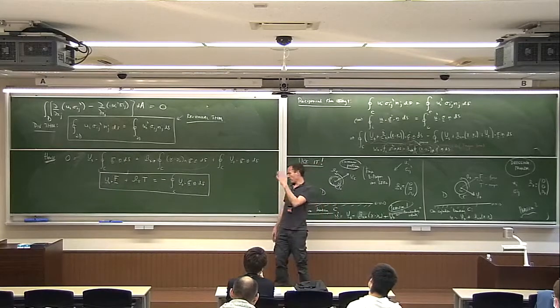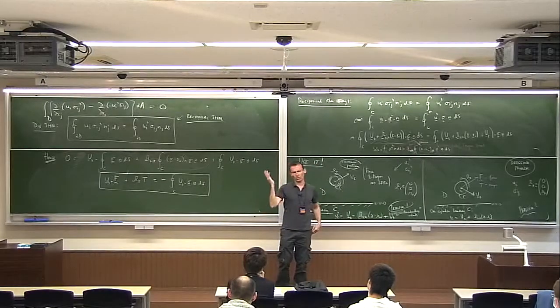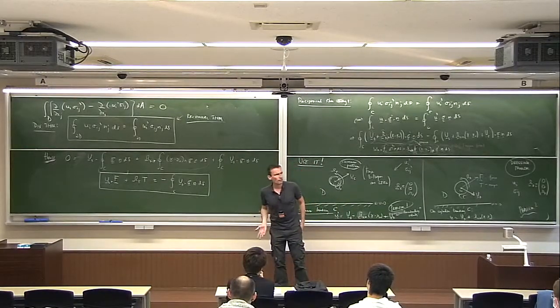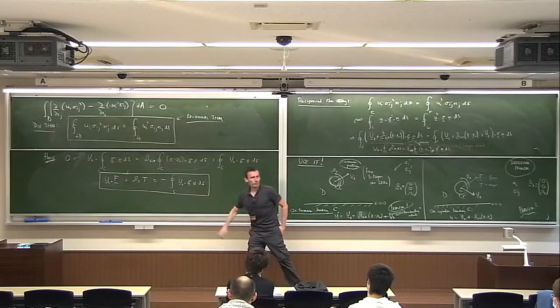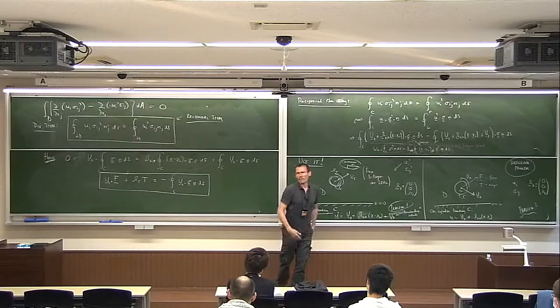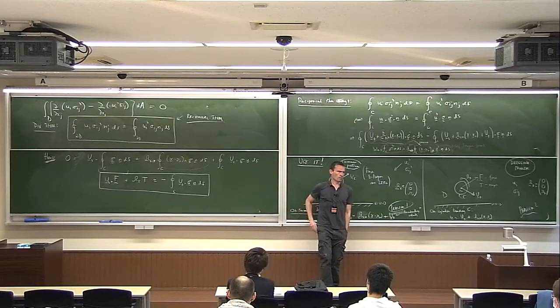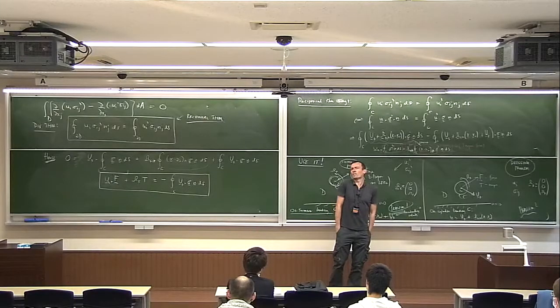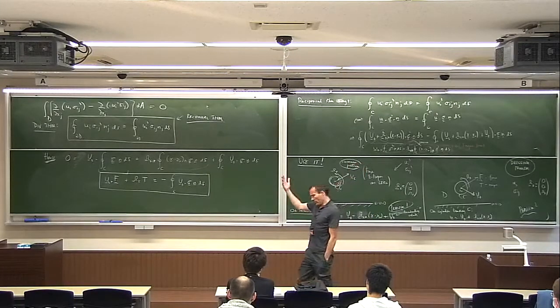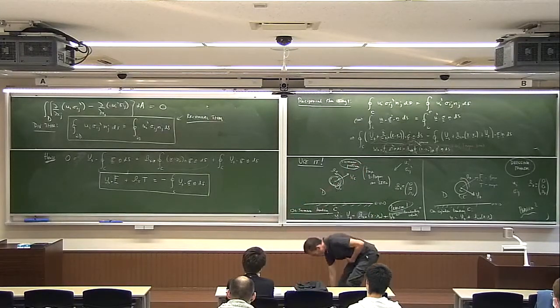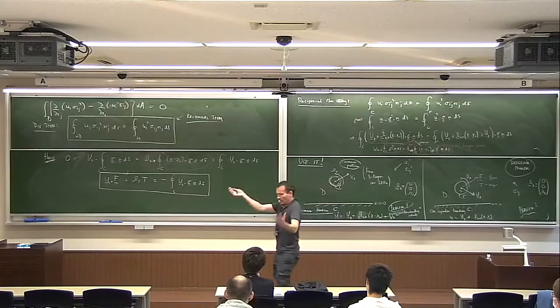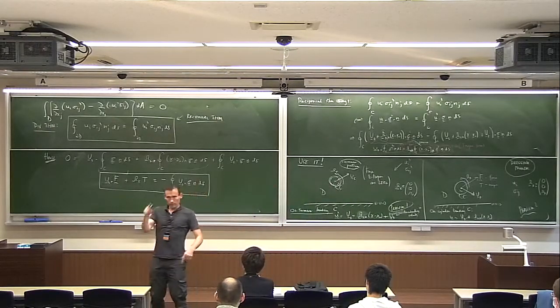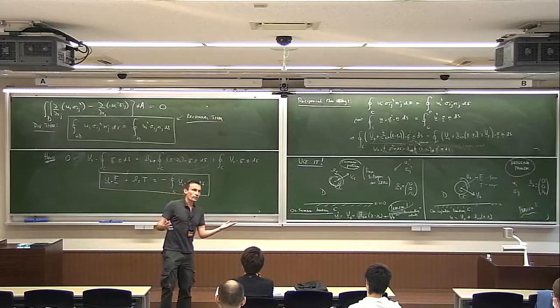Depending on which application I'm solving, I can just change my mind. Which means, if I did not use this, I'm going to have to resolve the problem for every different choice. One day I might say cos 2 theta plus 5, 10 times cos 5 theta around the boundary. Or next day I could choose something else.